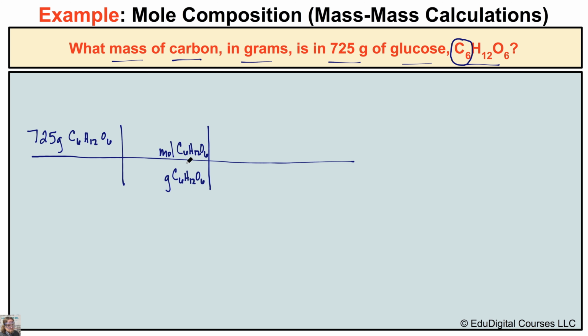Now, in this next step, we want to cancel out moles of glucose. So where do you think we're going to put that in this little equivalent statement or fraction? If we want to cancel out moles of glucose, that same unit is going to have to go on the bottom, or denominator, of this fraction.